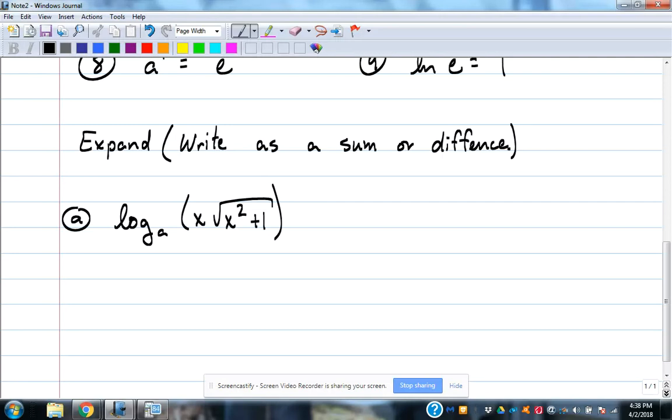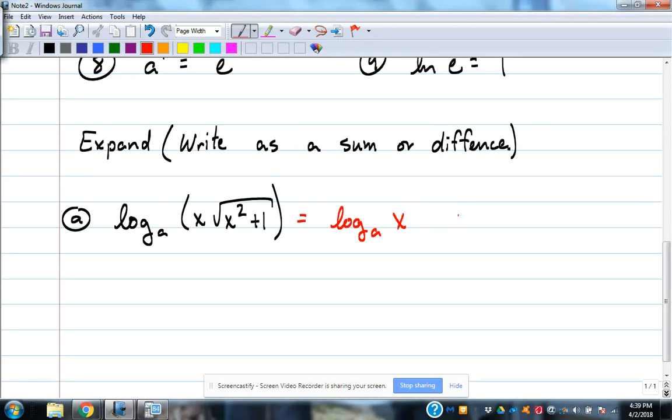Are they adding, subtracting, multiplying, or dividing? They're multiplying this x times this square root stuff. So multiplication turns into what with logarithms? Addition. So we would be able to take that as log base a, and it doesn't matter what base it is. I'm using log base a. It could be log base 2. It could be log base Easter eggs. It really doesn't matter what the log base is. The rules are still the same.